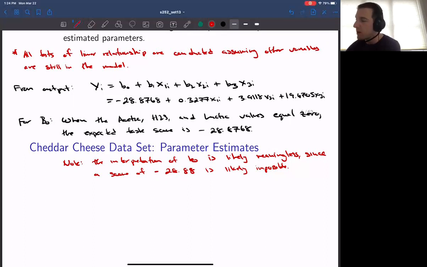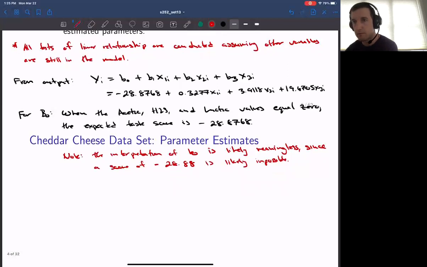It's basically telling us what happens if these three values are equal to 0, which probably wouldn't even form a normal cheese anyways, because if the cheese doesn't have any acidity, no H2S, and no lactic value, it's probably not even a cheese. It's most likely the case that it would just get a score of 0 or not even exist. So for multiple reasons, this probably doesn't have any actual meaning in terms of the problem.